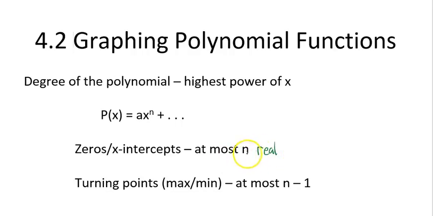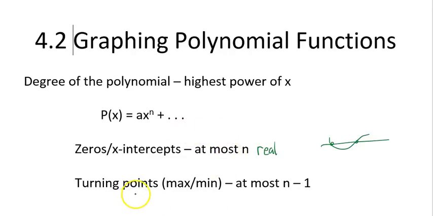But at most n real solutions, meaning places where it actually crosses the x-axis. Again, it doesn't have to, because it could have imaginary ones. That's why they say at most.